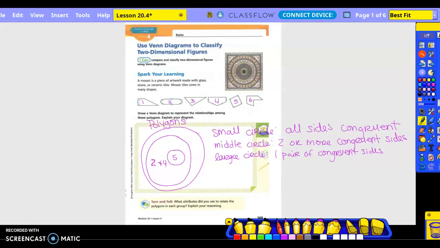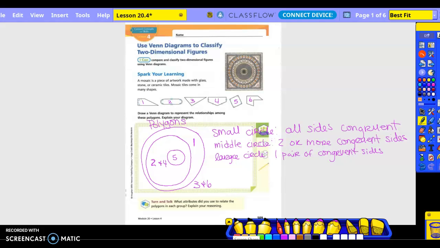We'll just go with 1. So what would go in the big one? Number 1, right? Now, we did not use what? 3 or 6, because they have no pairs of congruent sides. So 3 and 6 would come out here because they don't have any pairs of congruent sides.